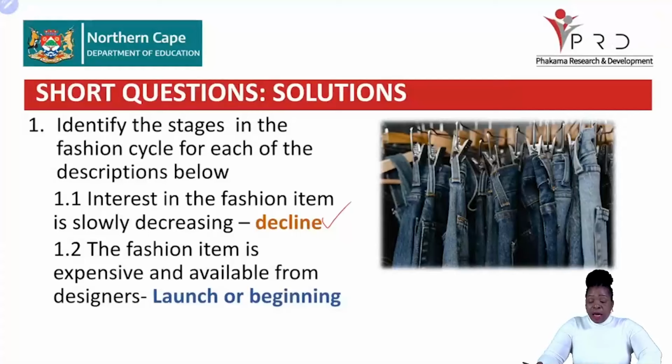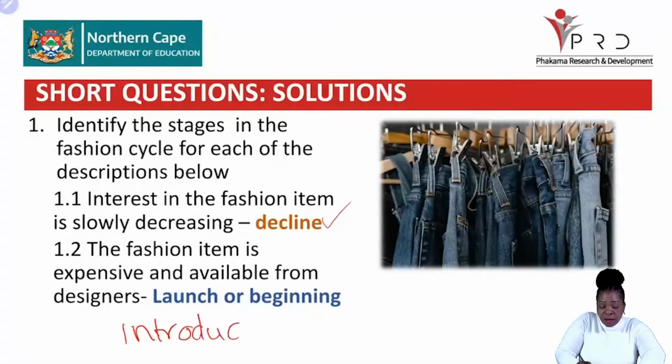We are on a stage of decline on the fashion cycle. And then our 1.2 says the fashion item is expensive and available from designers. So this is the launch or the beginning, or sometimes we can call it the introduction of a product or of that particular fashion.